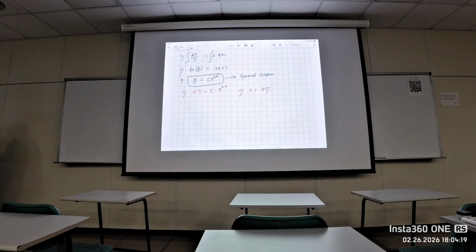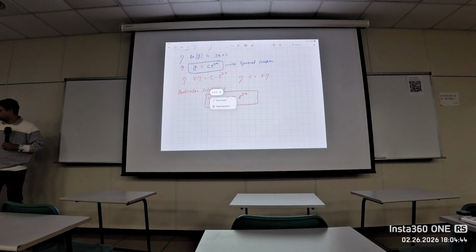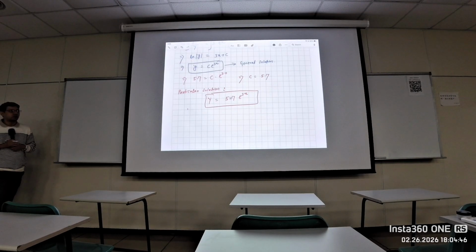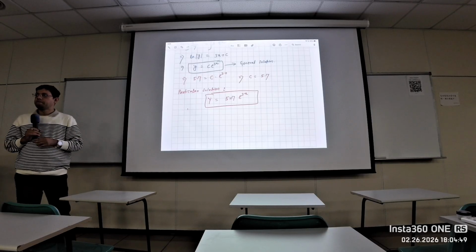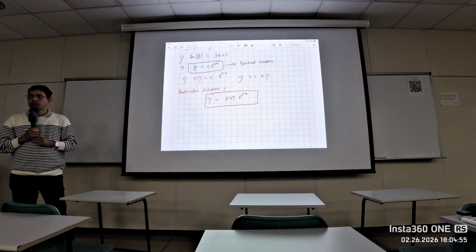That means the particular solution is y is equal to 5.7 into e to the power 3x. So this is my particular solution. Right? Okay.